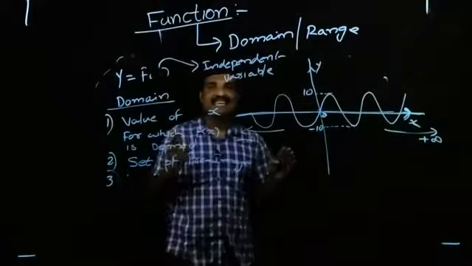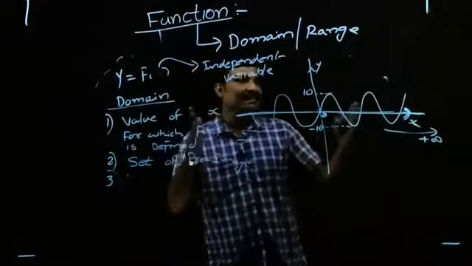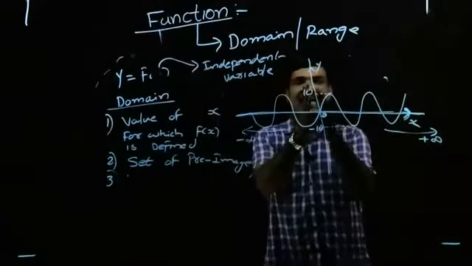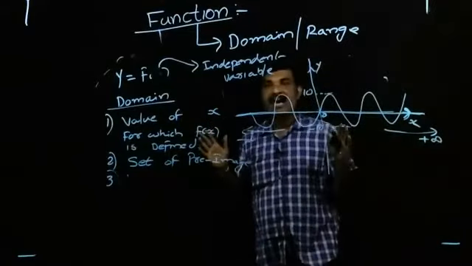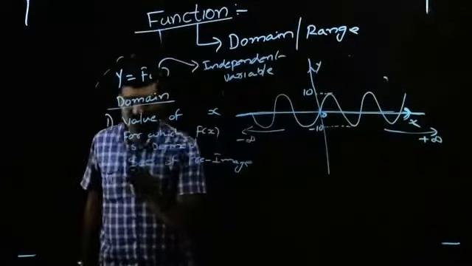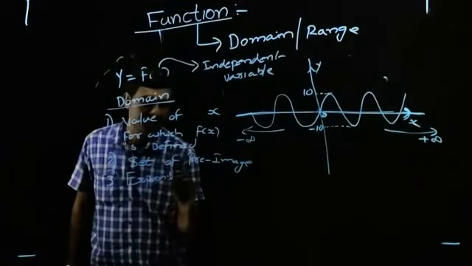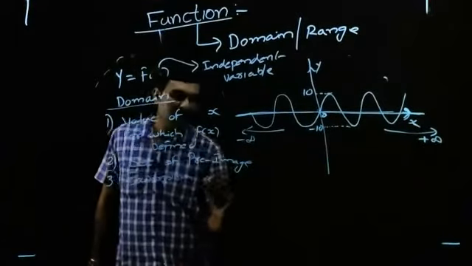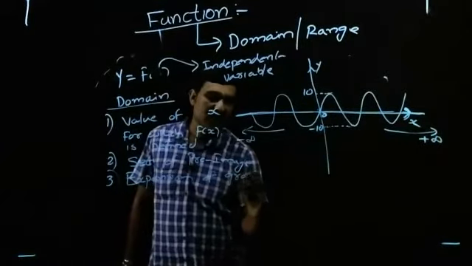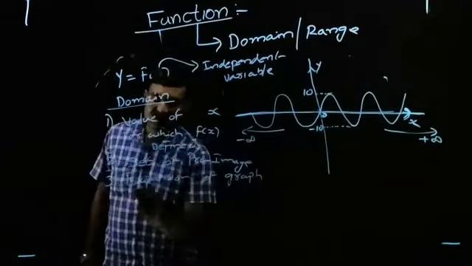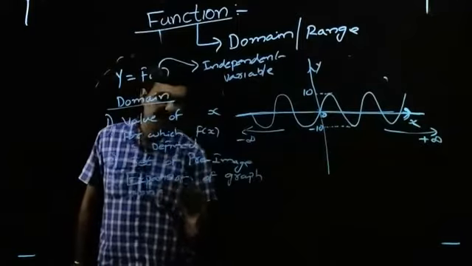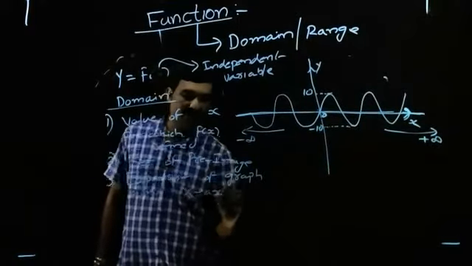So we can say domain means the width or the expansion of the values along the x-axis. So we can also say domain means expansion of graph along the x-axis. That is a domain.